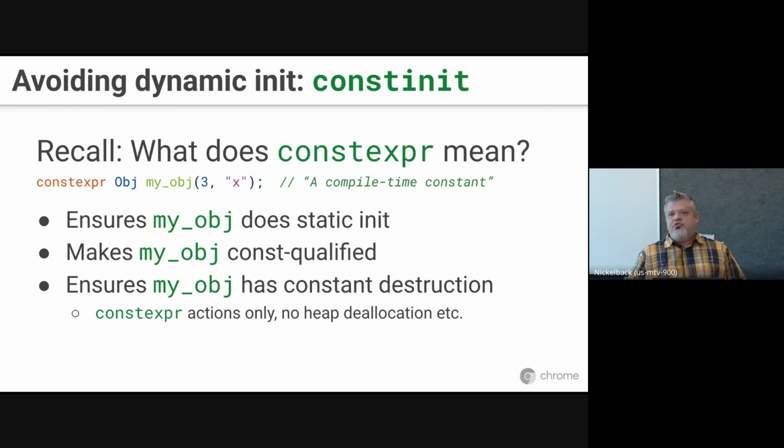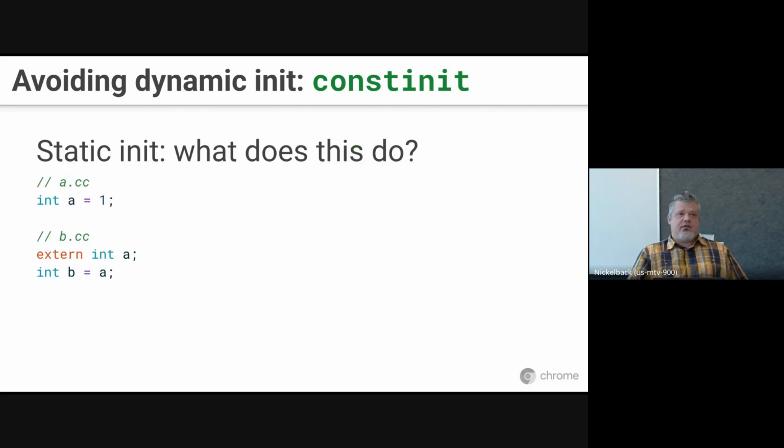It can do a few things, but they can only be constexpr themselves. You can't deallocate from the heap. You can't do other things that dynamically change program state. So: static init, const while it's alive, and then constant destruction. That's what constexpr is. If you remember those 3 things, then we can explain constinit very easily.